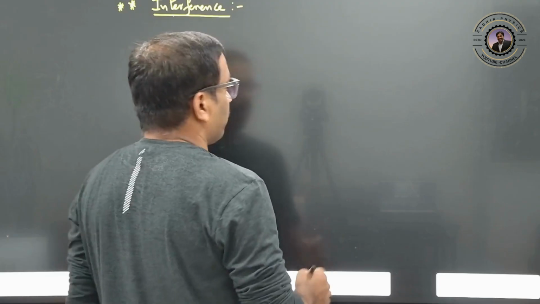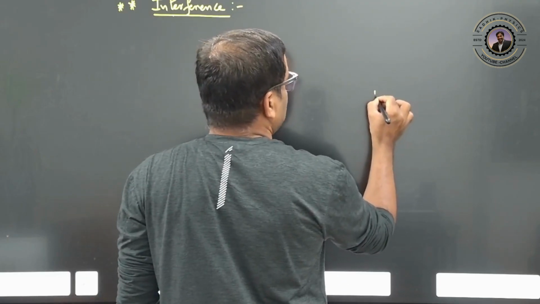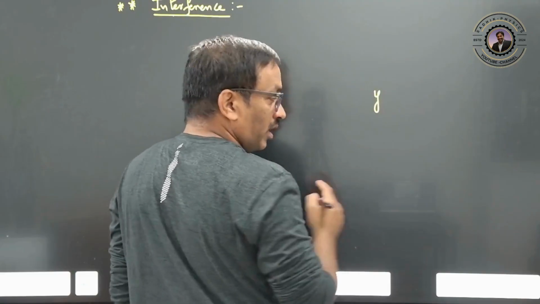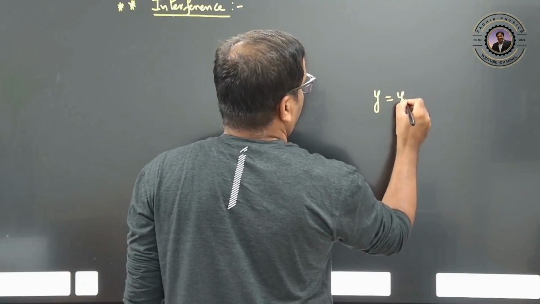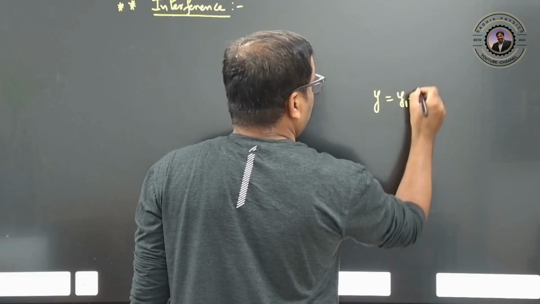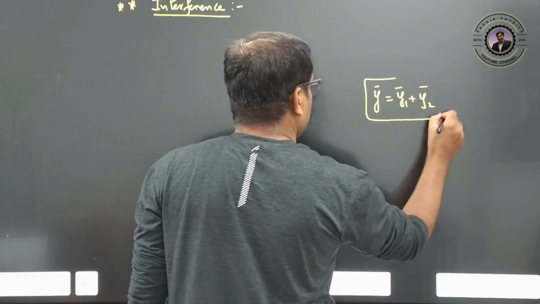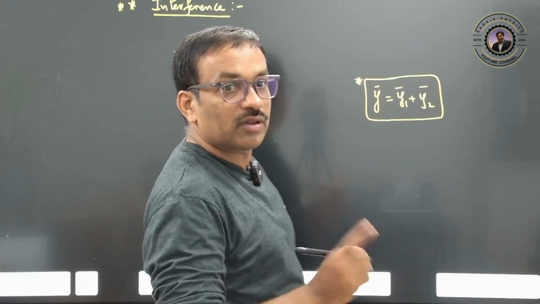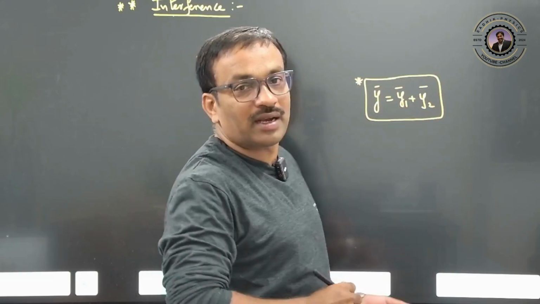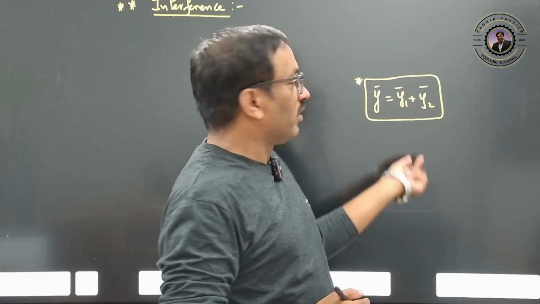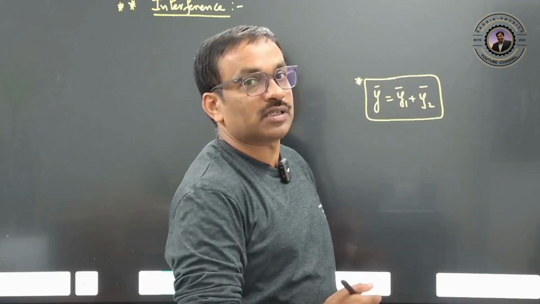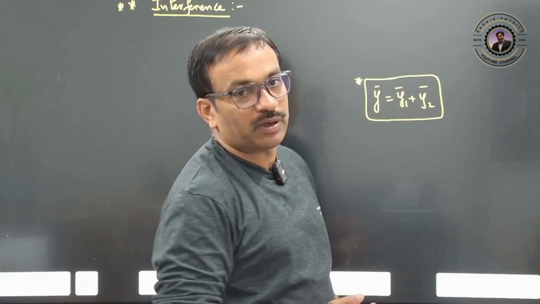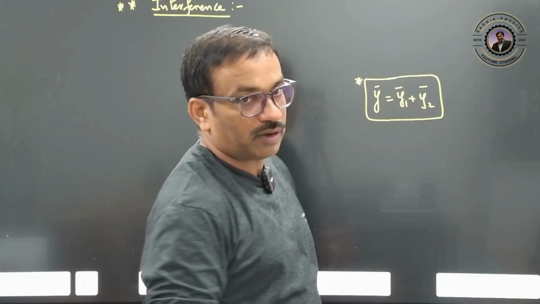By the principle of superposition, the displacement of one wave equation should be added with another wave by taking the phase into consideration. Phase with phase you have to add it. Without phase we cannot add it directly. We have to take the phase difference into consideration. This is nothing but the superposition principle.